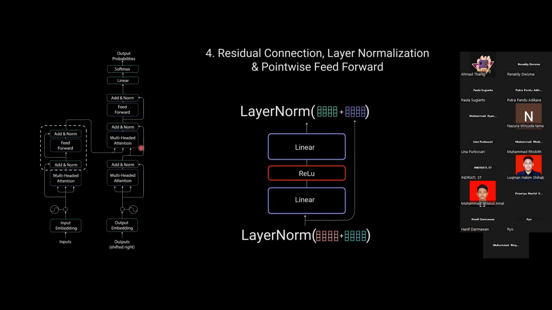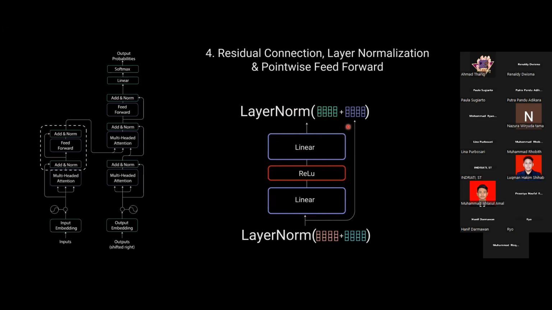Okay, so next we pass the result through a sequence of steps: one linear transformation, a ReLU nonlinear transformation, and then another linear transformation. Finally, we arrive at the result, and we apply layer normalization again to it.